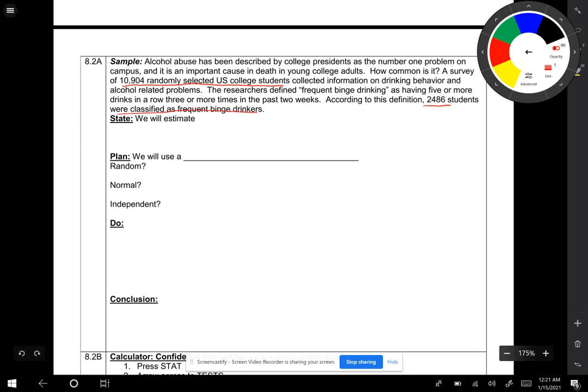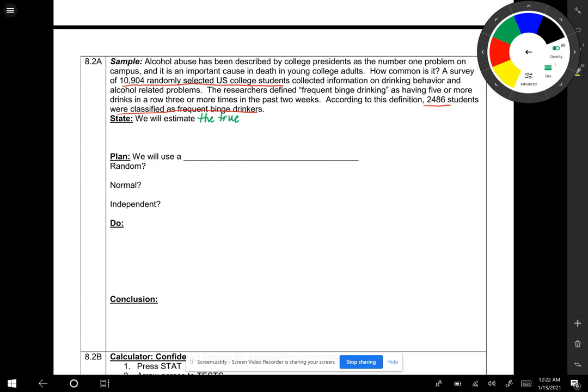Okay, so now in our state portion, we will estimate the true proportion. So our whole goal in this confidence interval is to take our sample data and infer to the population.